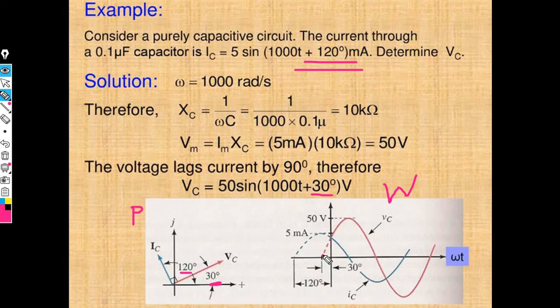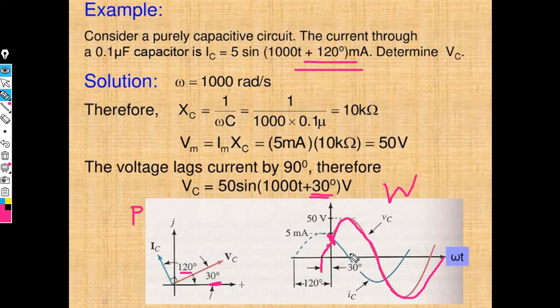Now this is the voltage waveform, and the voltage waveform requires a 30-degree angle. The waveform goes from negative to positive.